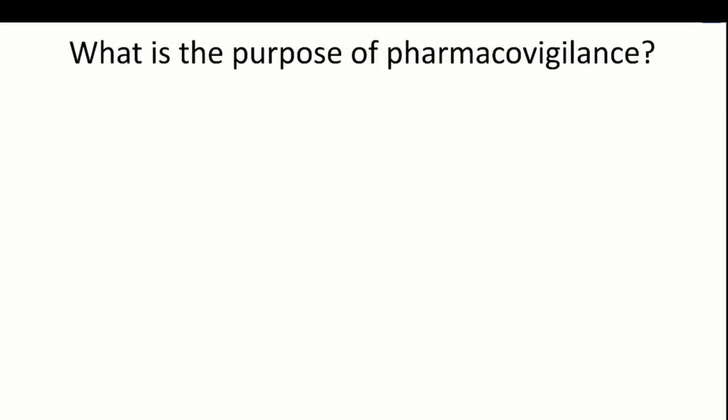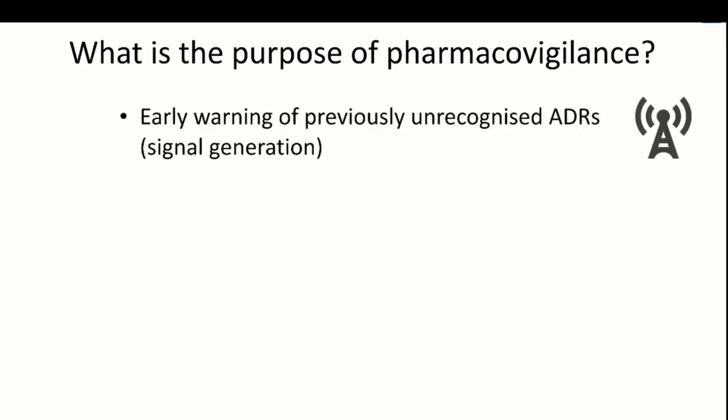Within that general framework of activities, pharmacovigilance can examine various aspects of adverse reactions. Most fundamentally, it uses various methods to identify evidence of previously unrecognized ADRs, a process often termed signal generation.